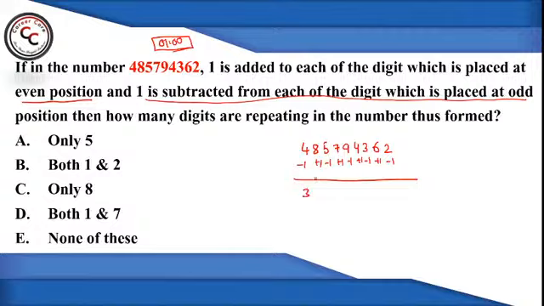So 4 minus 1 is 3, 8 plus 1 is 9, 5 minus 1 is 4, 7 plus 1 is 8, 9 minus 1 is 8, 4 plus 1 is 5, 3 minus 1 is 2, 6 plus 1 is 7, 2 minus 1 is 1.